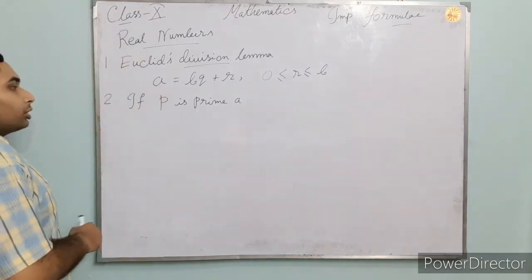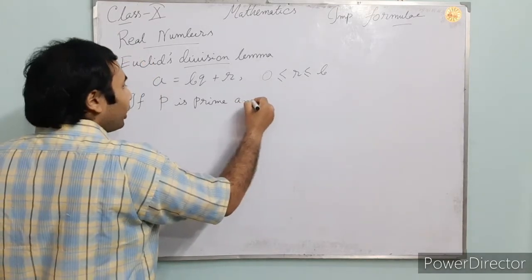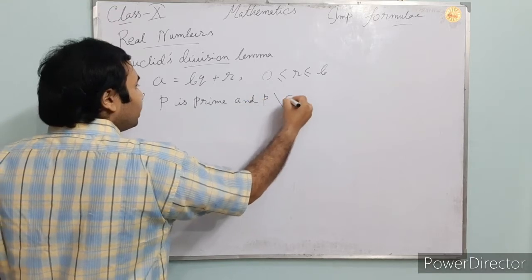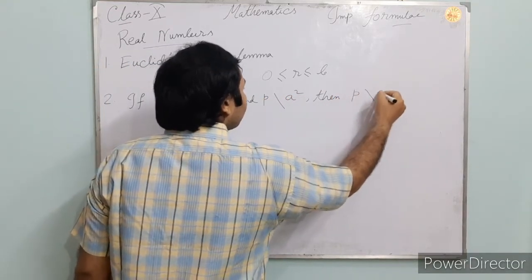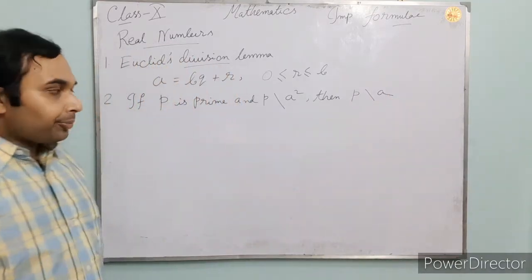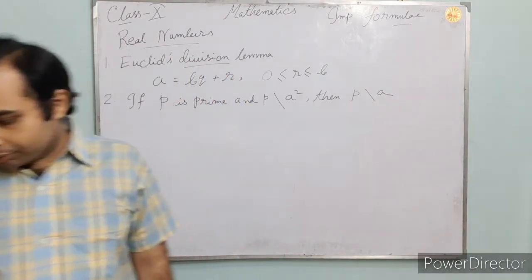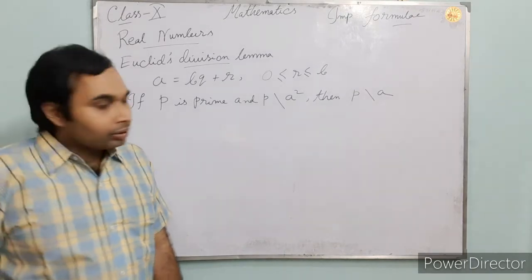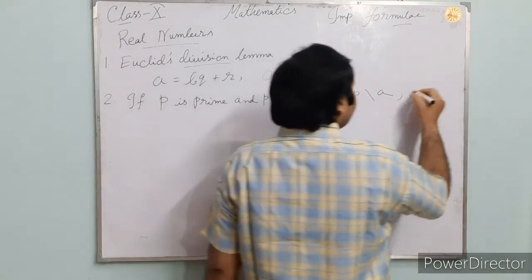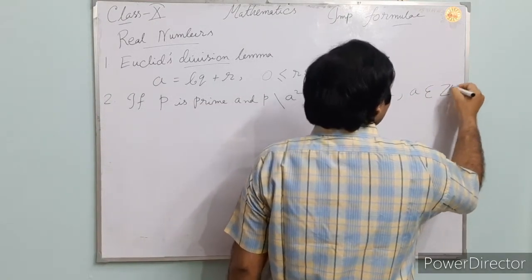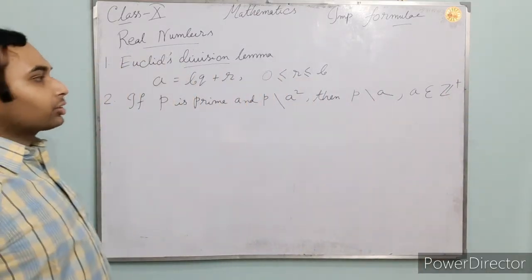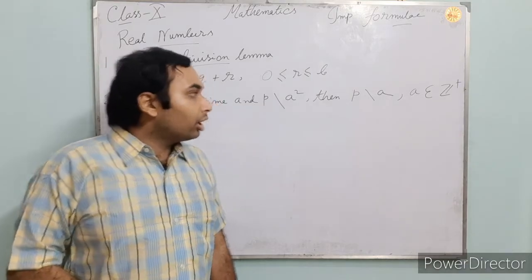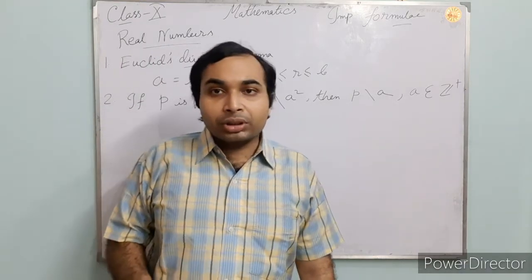The second one is, if p is prime and p divides a square, p also will divide a, where a is obviously a positive integer.